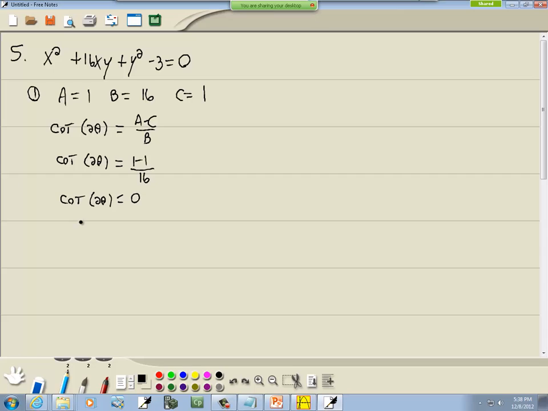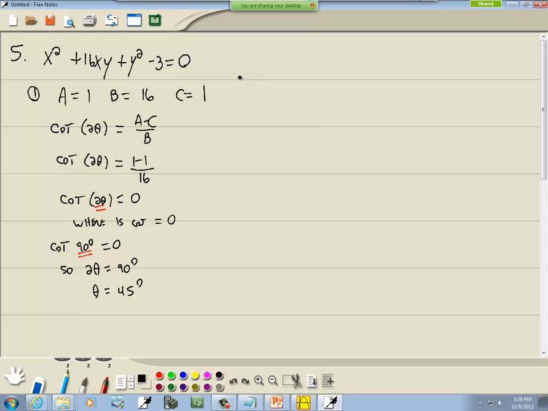So we ask, where is cotangent equal to 0? Cotangent is x over y, so it'd be when x is 0, which is at 90 degrees. So cotangent at 90 degrees is equal to 0. So we set 2 theta equal to whatever angle we come up with here. So 2 theta is equal to 90 degrees, or theta is equal to 45 degrees. So that's going to be our angle of rotation.